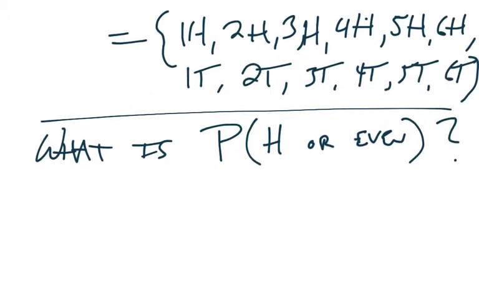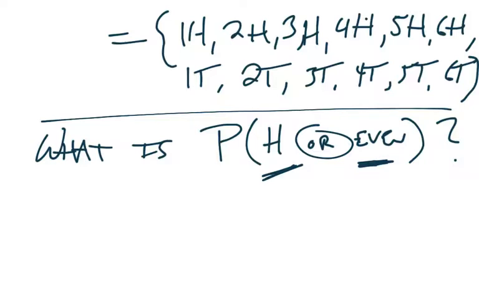What this means is that you flip the coin and you roll the die, and you're asking, out of this thing that you just did, what is the probability that the coin shows heads and the die shows an even number? Or, not and. What is the probability that either the coin shows heads or the die shows an even number?